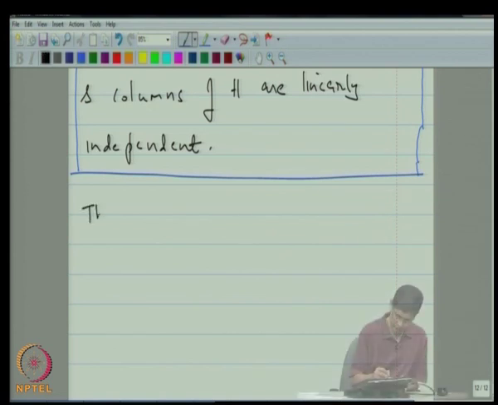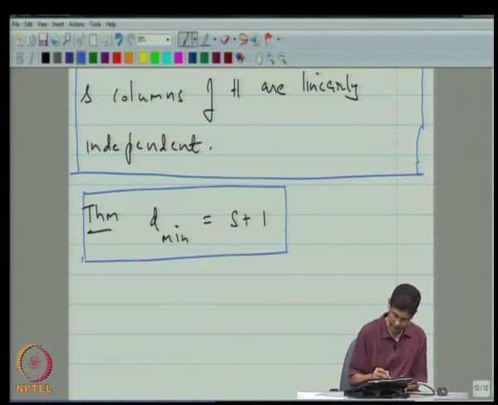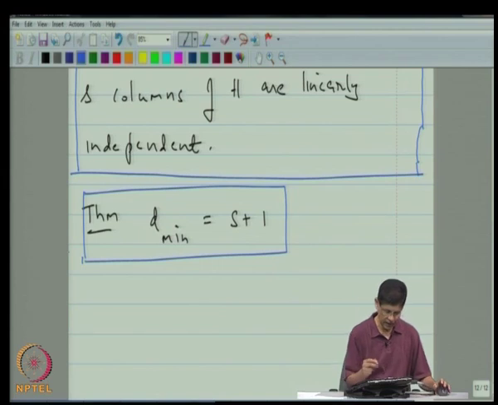Theorem: d min is equal to S plus 1. It is very simply stated, and the proof is very simple.